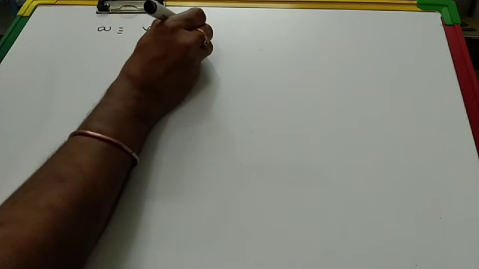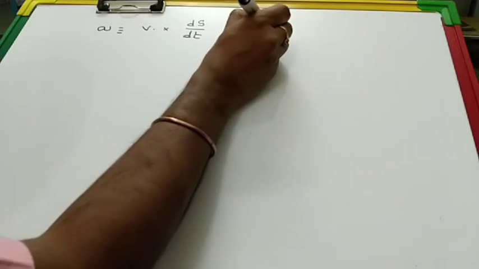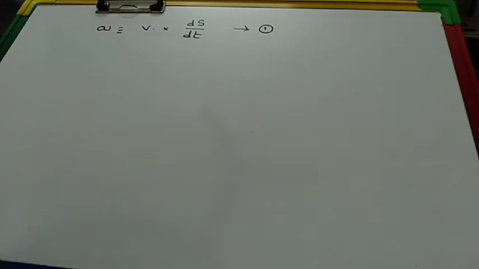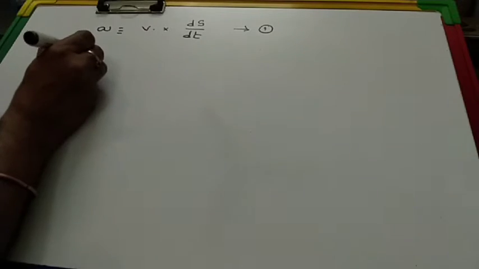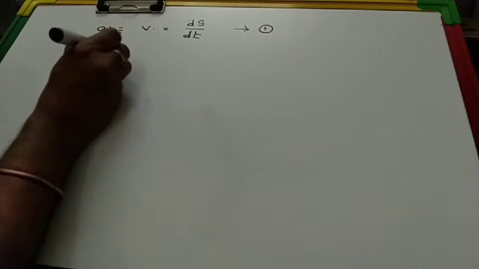Now, the acceleration a is equal to v into dv by ds. Consider this is equation number 1.